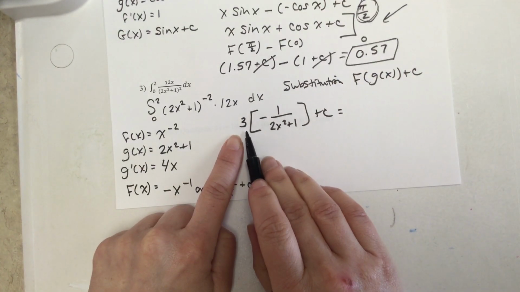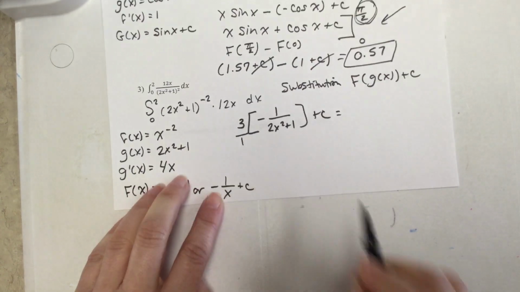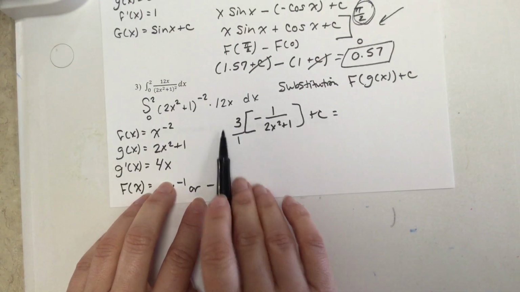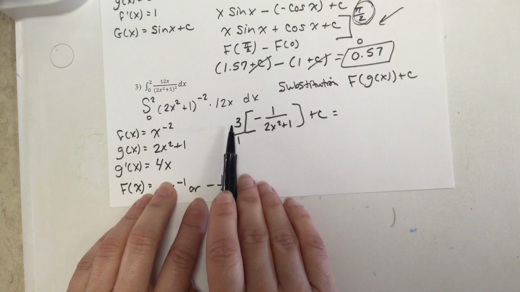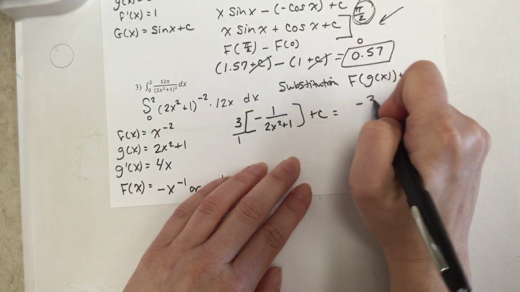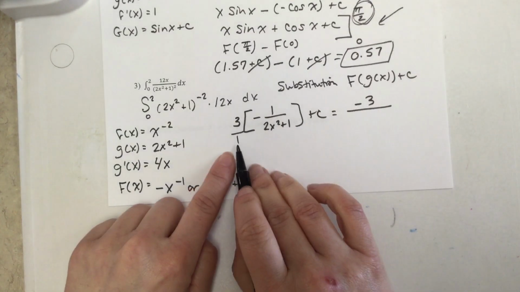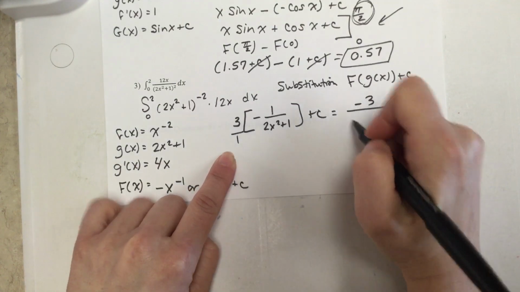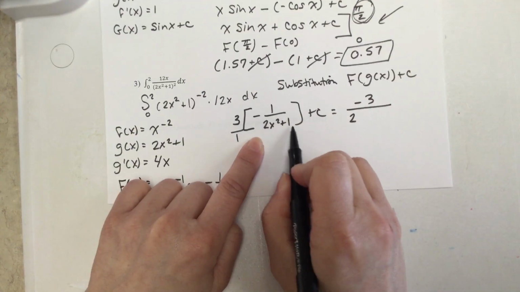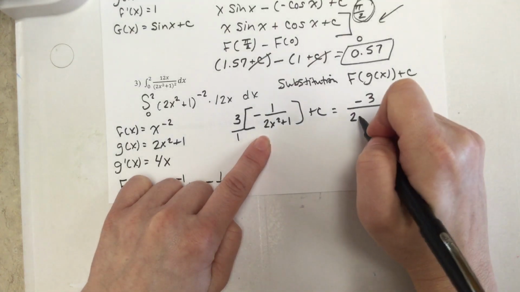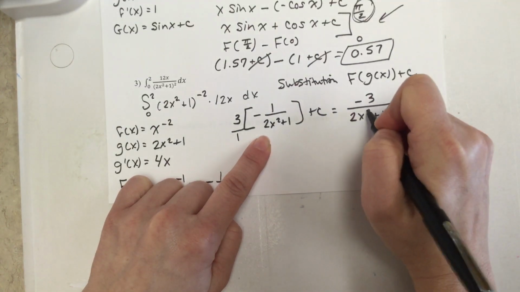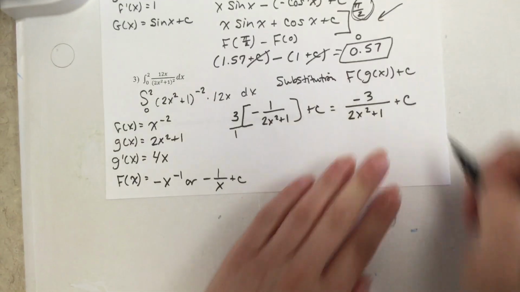Now I have to remember that I had this 3 here. When you're multiplying fractions, it's top times top, bottom times bottom. So 3 is the same as 3 over 1, so I have negative 3 over 1 times anything. If I take 1 times 2x squared plus 1, it's going to keep its identity. It's that multiplicative identity property from way back in Algebra 1.